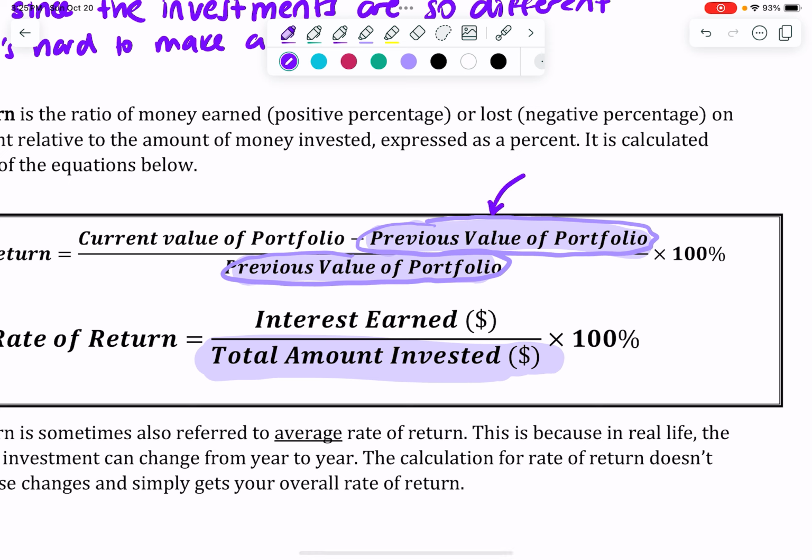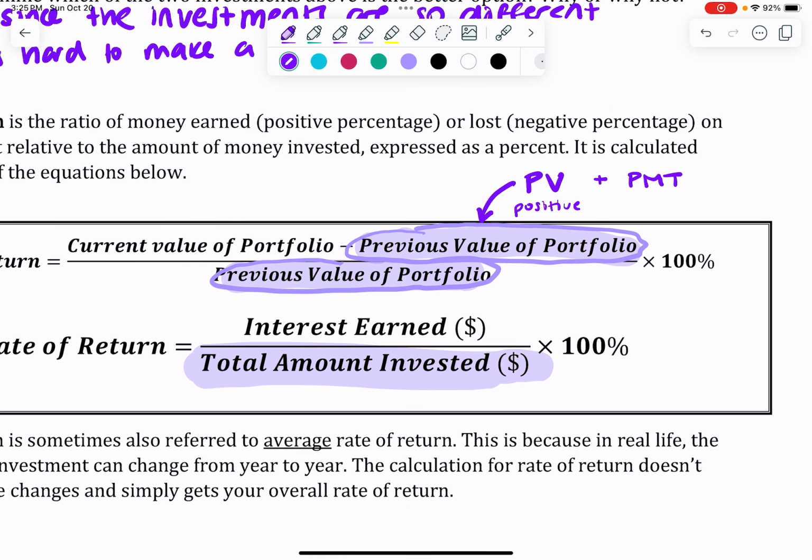We can find that by taking my PV value, the positive version of it, because remember the negative only tells me my directionality, okay? So the positive of that, and we are going to add whatever my payment amount is, my PMT, and we are going to multiply that value by N, my number of payments.